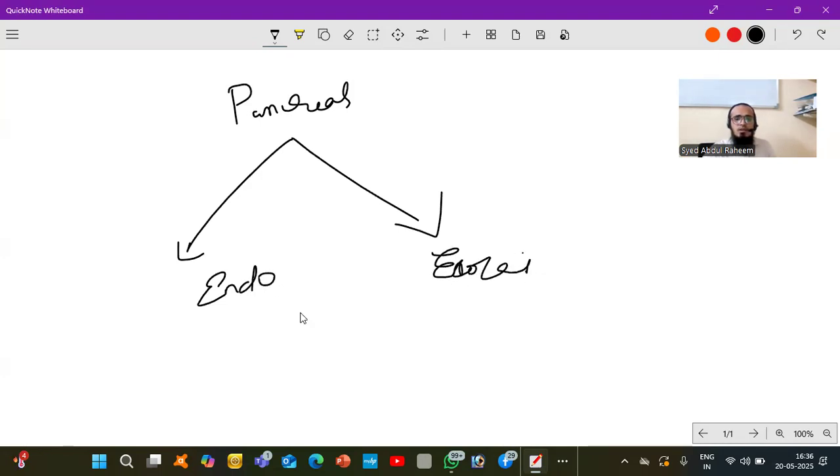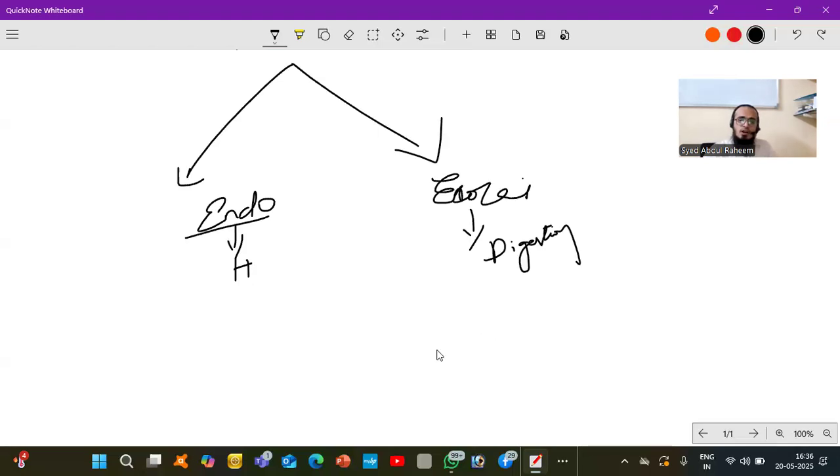It is utilized for hormones and for digestion. So the pancreas has two functions: one is for digestion and another is for hormones.